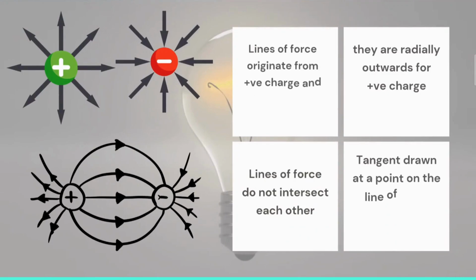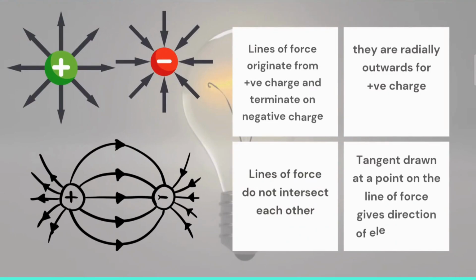So here we come to the properties of electric field lines. First of all, electric field lines are obtained from the force experienced by a unit positive charge, that is, a test charge.